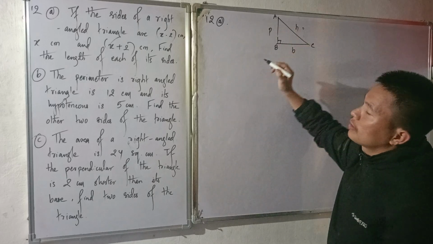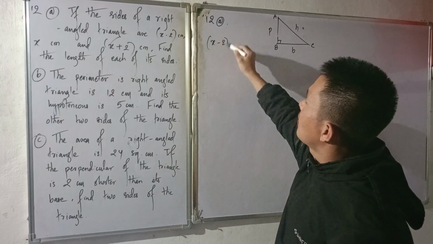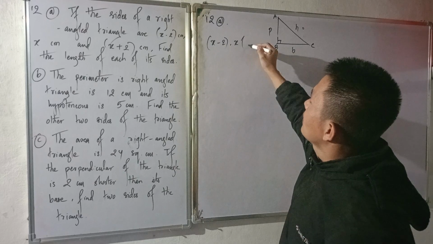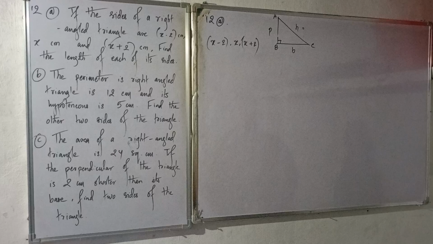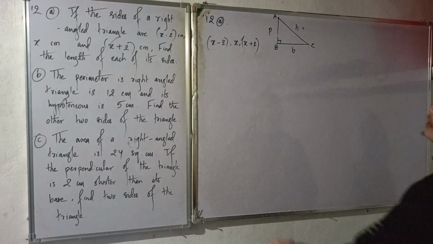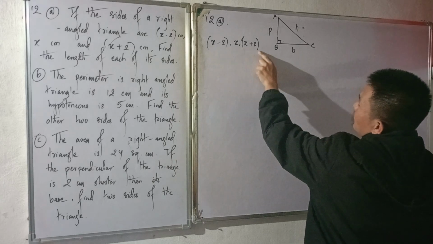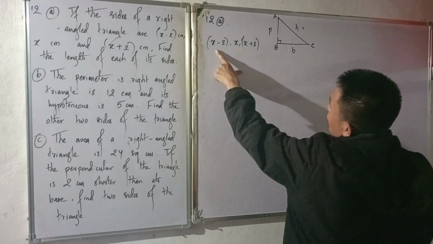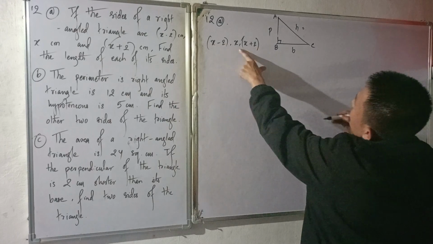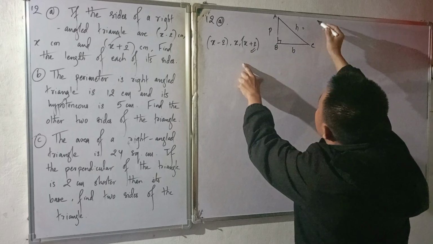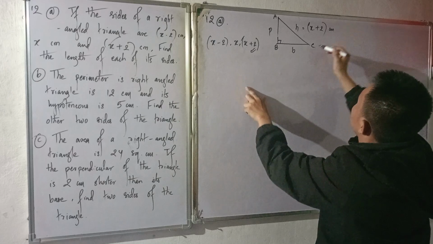So, hypotenuse. Now here are three sides given. One is x minus 2, one is x, and another is x plus 2. Whichever is the greatest among these three, that will be the hypotenuse. In these three sides, x plus 2 is the greatest, so we consider this x plus 2 as the hypotenuse.